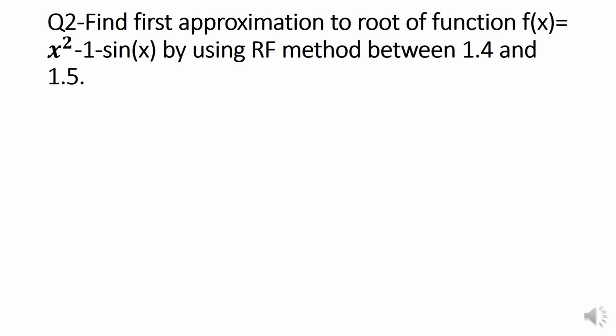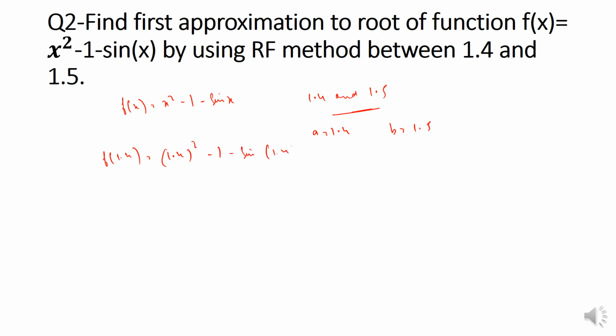Now the second question: find the first approximation to the root of f of x, where f of x is equal to x square minus 1 minus sin x, using the RF method between 1.4 and 1.5. Now a is equal to 1.4, b is equal to 1.5. As earlier, we will find f of 1.4 is equal to 1.4 whole square minus 1 minus sine of 1.4.